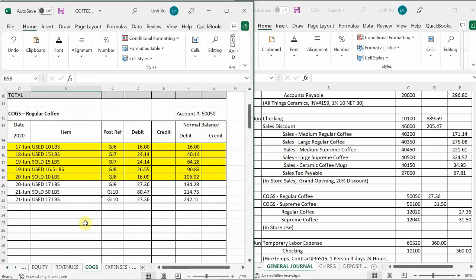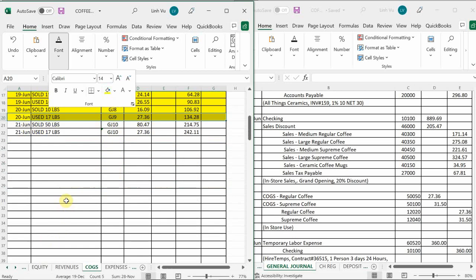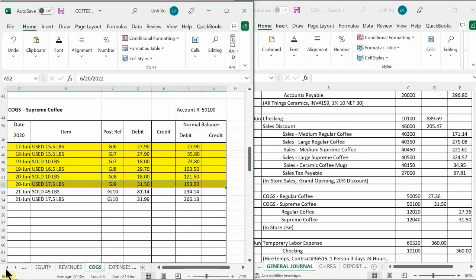Starting with the cost of goods sold here, we had a total of $27.36 and then $31.50. We got to update our inventory for that.